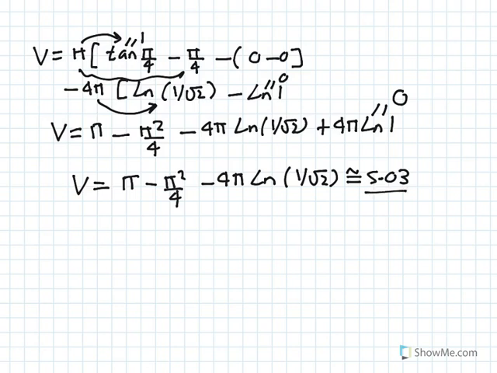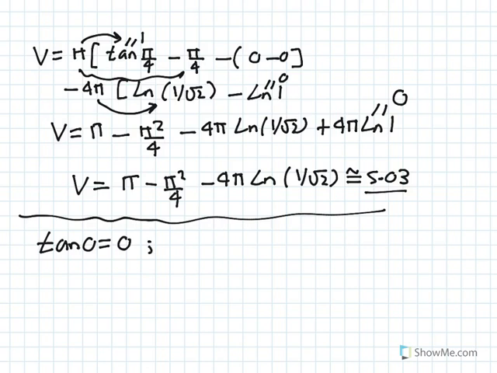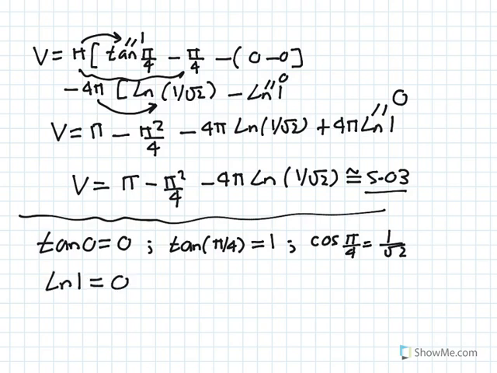Let's go over some of the basic skills that we've applied. So tangent of 0 is 0. We have to memorize this. Tangent of 45 degrees, tangent of pi over 4 is 1. That comes from the 45, 45, 90 triangle. Similarly, cosine of pi over 4 is 1 over root 2. Log of 1 is equal to 0.